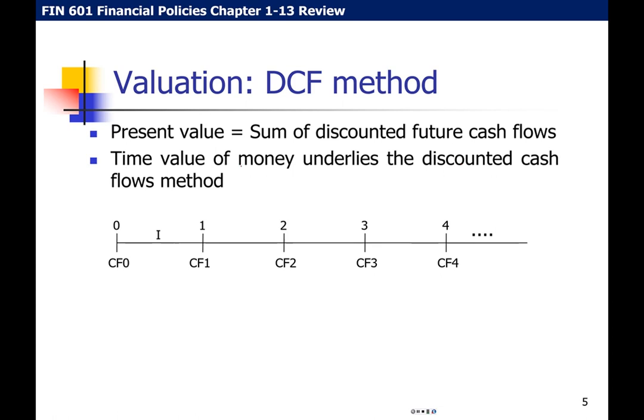Okay, so in any of the projects, you're going to have a series of cash flows happening at different points in time. Cash flow 1, 2, 3, 4 are considered future cash flows, and cash flow 0 is your initial cash flow. Based on time value of money, all those cash flows carry some risk, and risk carries a discount rate, right?